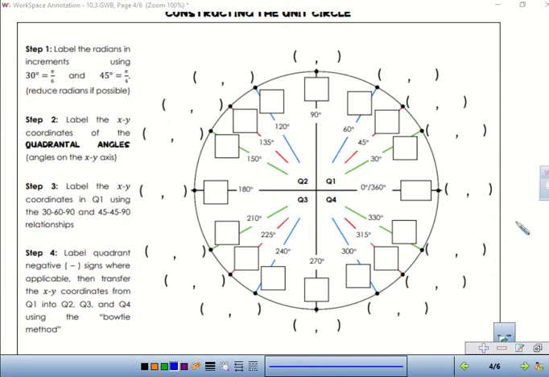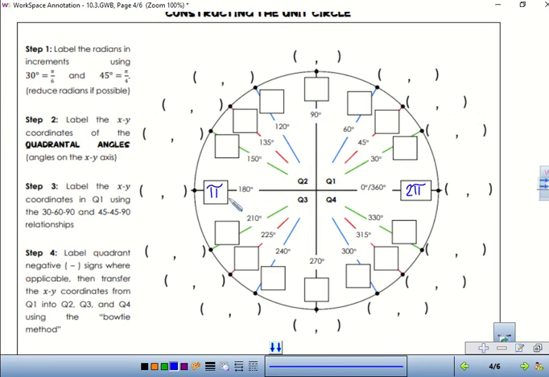First thing we're going to look at is, does anybody remember what I said 360 is equal to in radians? 2 pi. Remember that? And if 360 is 2 pi, then 180, which is half of that, is what? Just pi.